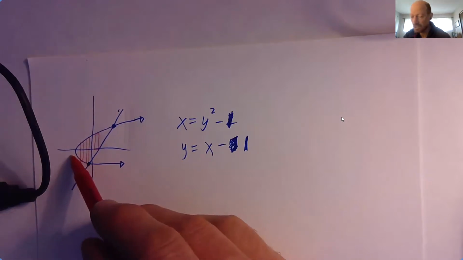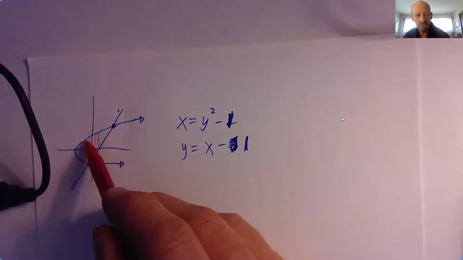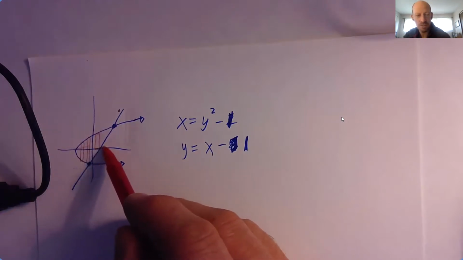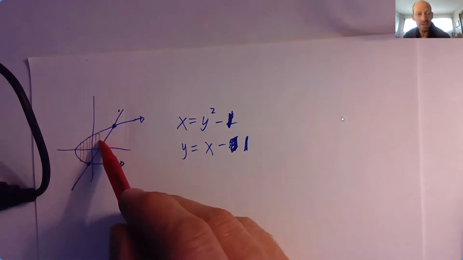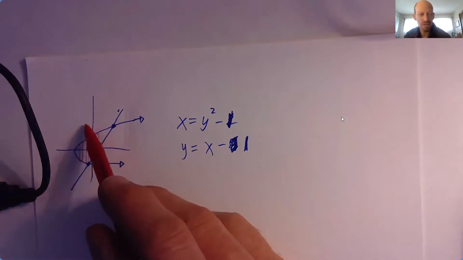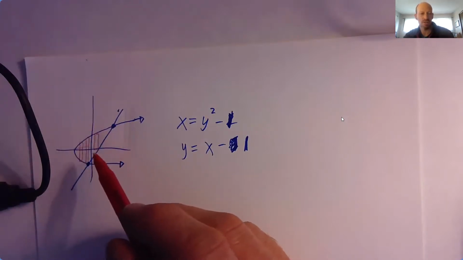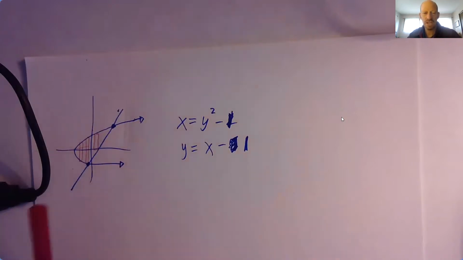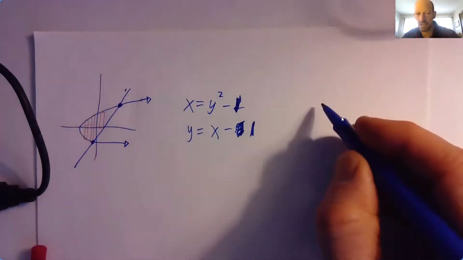Over this first region, the bottom is part of this parabolic curve, and as soon as I hit this x value, over the second region the bottom is this linear function. So I'd have to break this up into two separate integrals because the top and bottom functions switch. It turns out that's not a very good way of going about this particular problem.